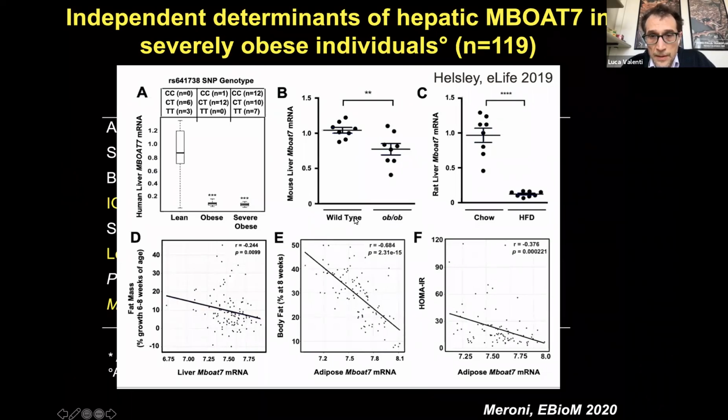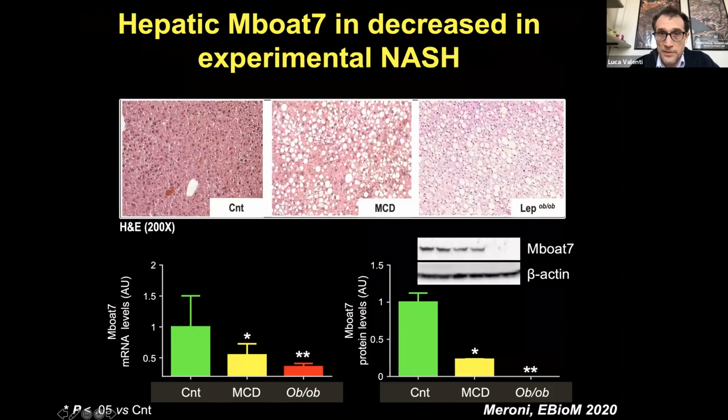There is a downregulation of MBOAT7 expression during fatty liver disease, which can be due to obesity, such as in the ob/ob mice, or to high-fat diet. And the degree of downregulation of MBOAT7 correlates with the severity of insulin resistance as estimated by body fat mass, or the HOMA-IR insulin resistance index, for example.